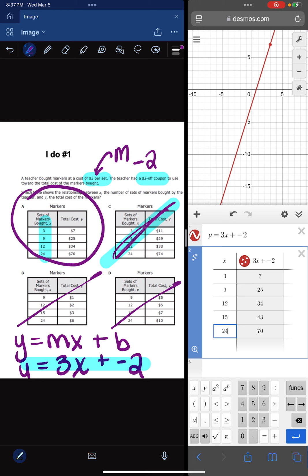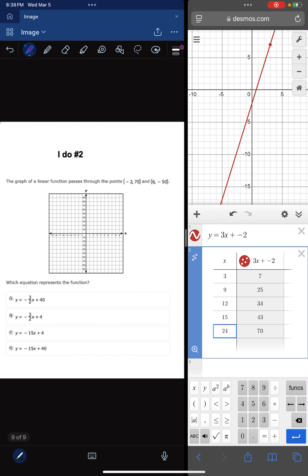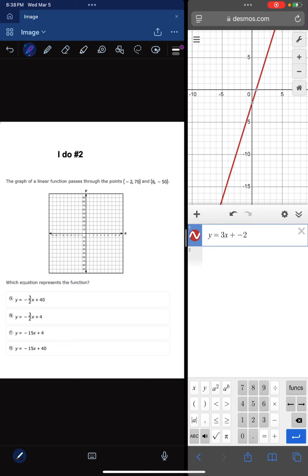Okay, so now I'm going to move on to question number 2. Number 2 is a little bit easier. It says the graph of a linear function passes through the points -270 and 6, -50. Which equation represents this function? So basically, remember that an equation is always in the form of y equals mx plus b.